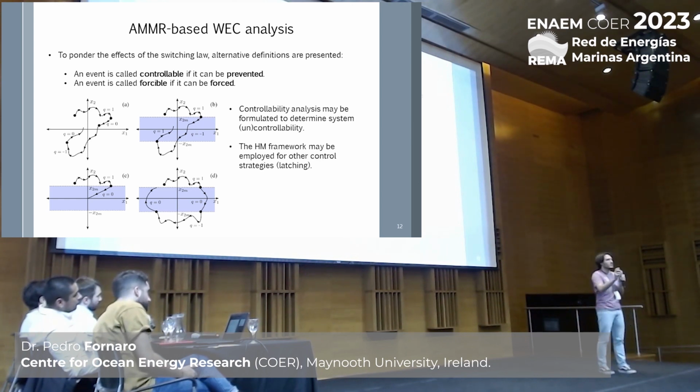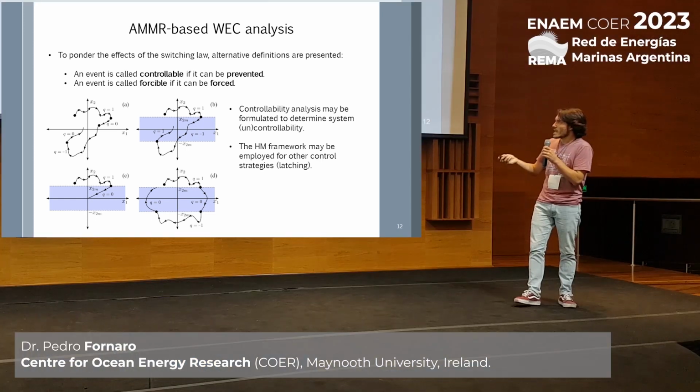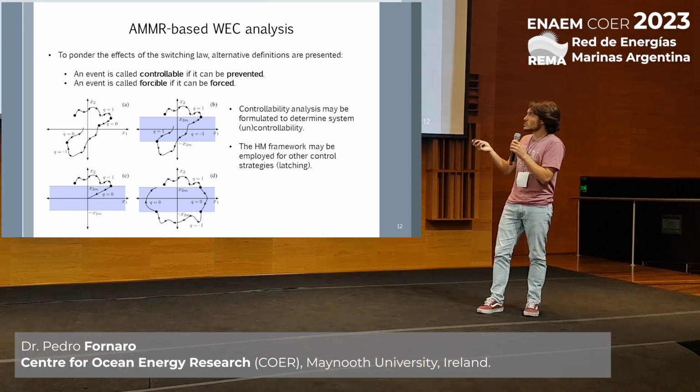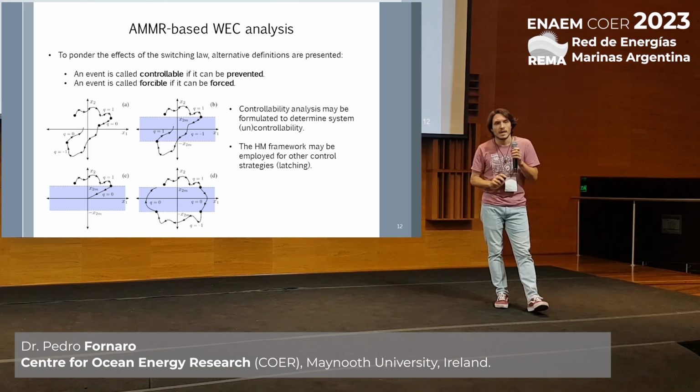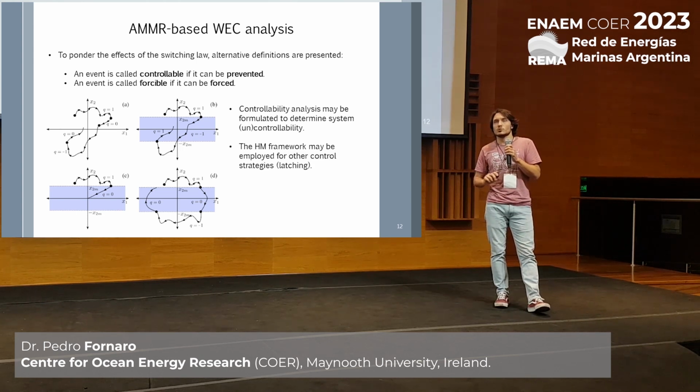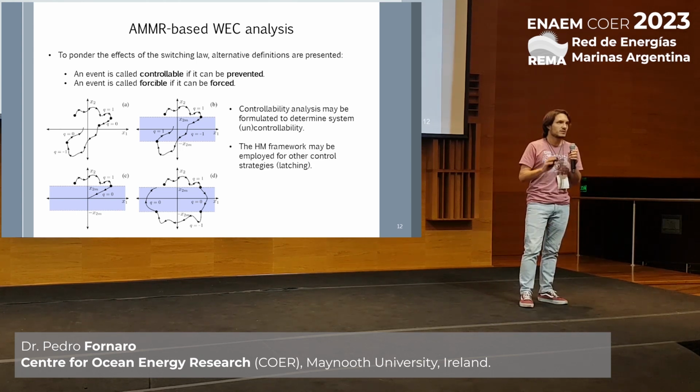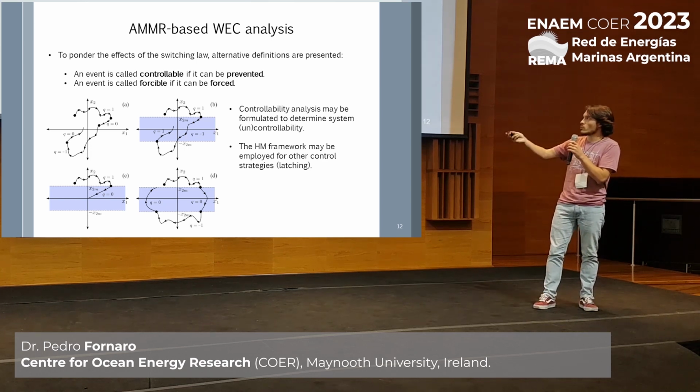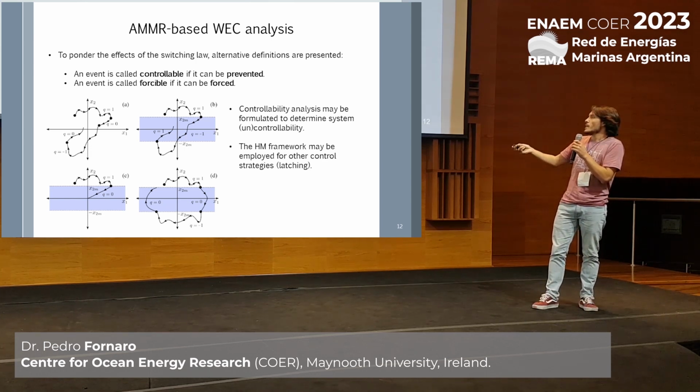The events would be connecting and disconnecting the system, and we need to create new definitions for those. Then, depending on some restrictions that we have in the system, we can analyze if we can sweep the whole state plane, so to speak, because we want the system to be controllable.